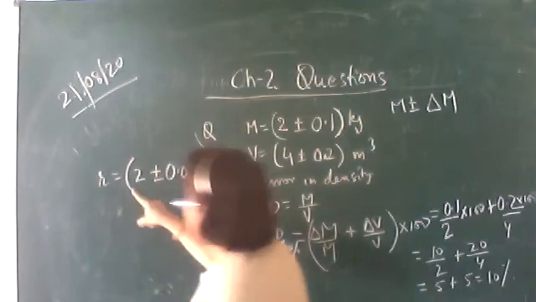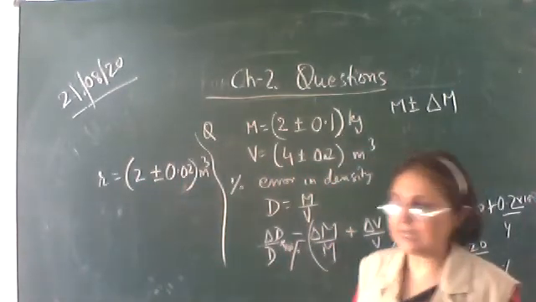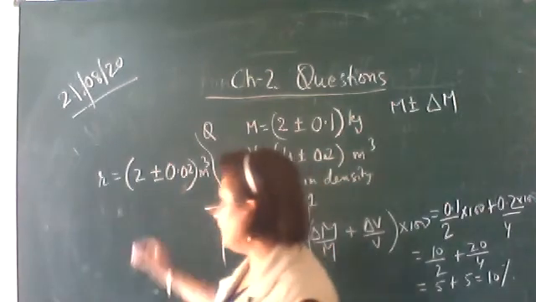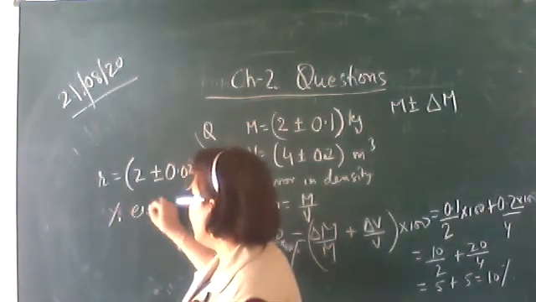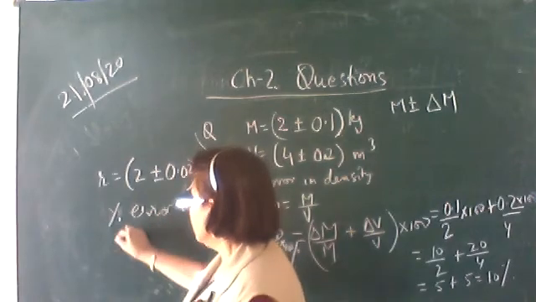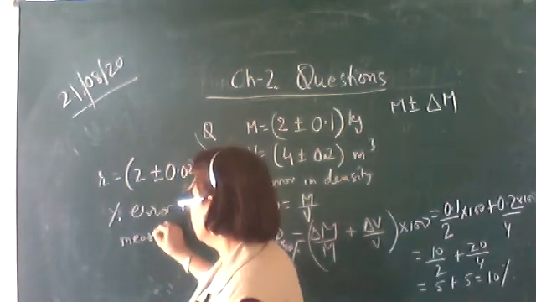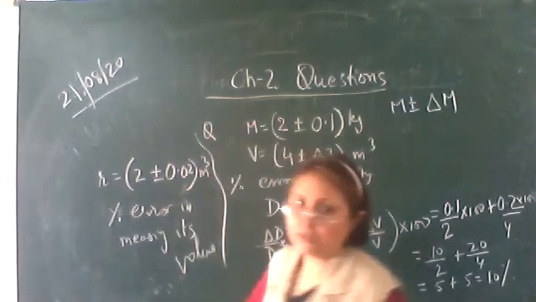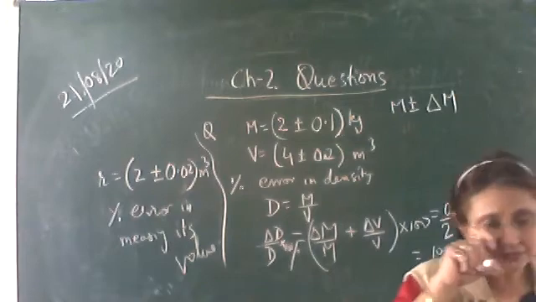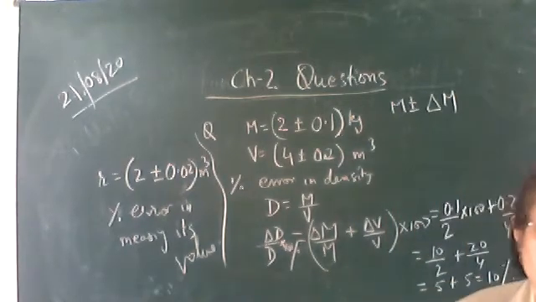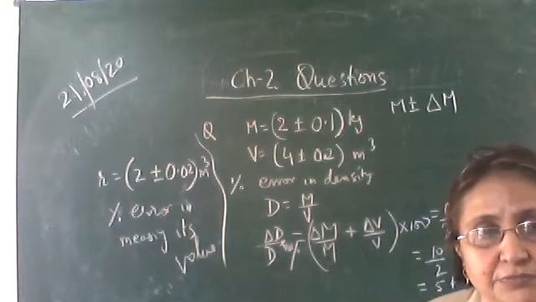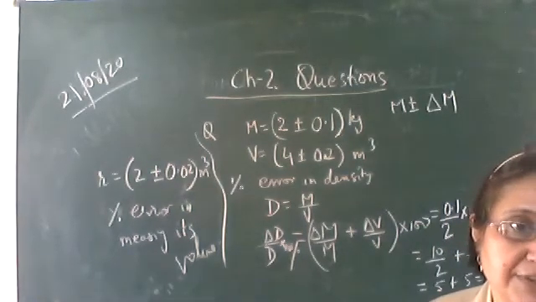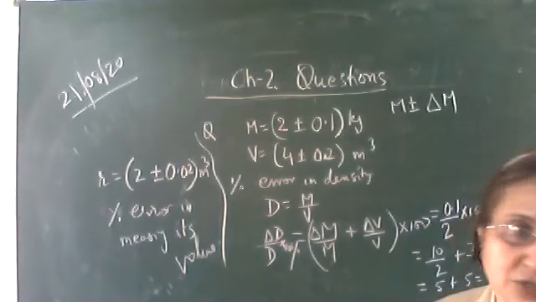Find the percentage error in measuring its volume. The radius of the sphere is given and you have to find out the percentage error in measuring its volume. Now as it's a sphere, we know that its volume is given by 4 upon 3 pi r cube.